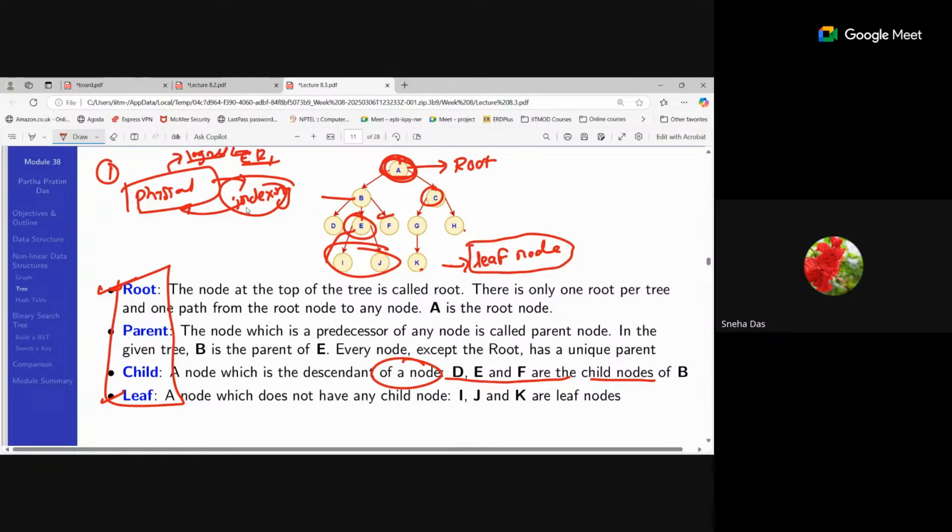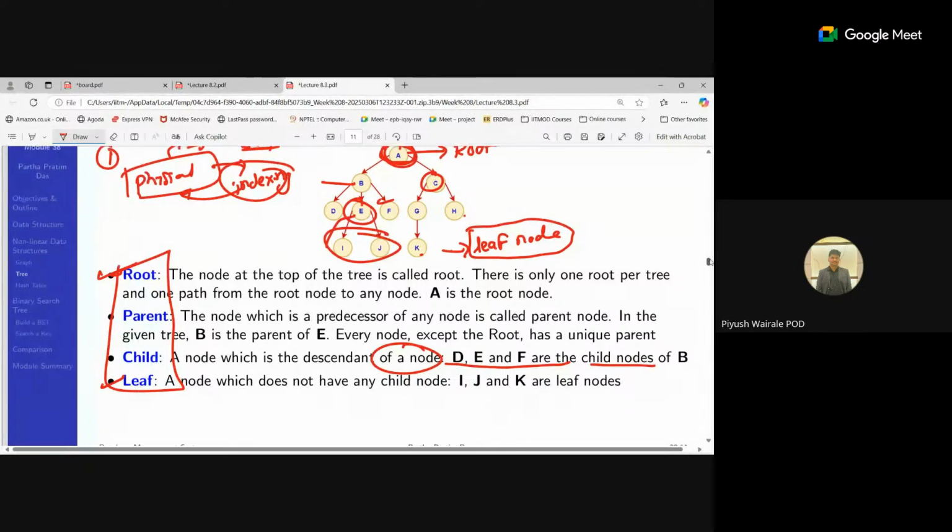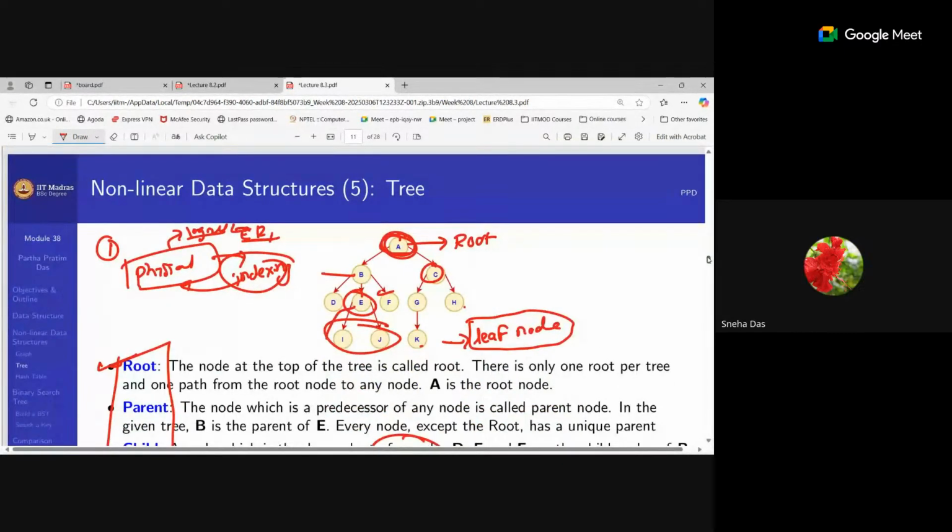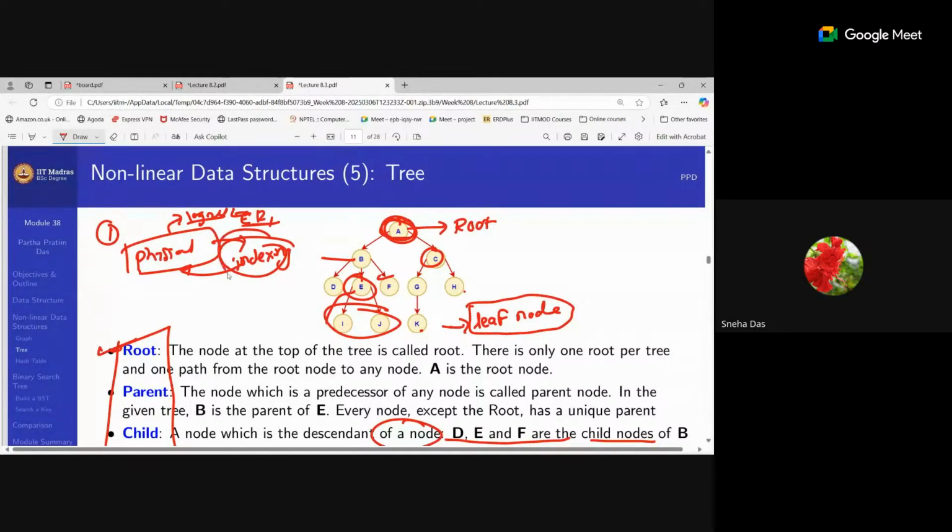So is this a part of the logical level? No, here we are discussing the concept, how these different data structures work. We are discussing concepts like B tree and B plus tree.